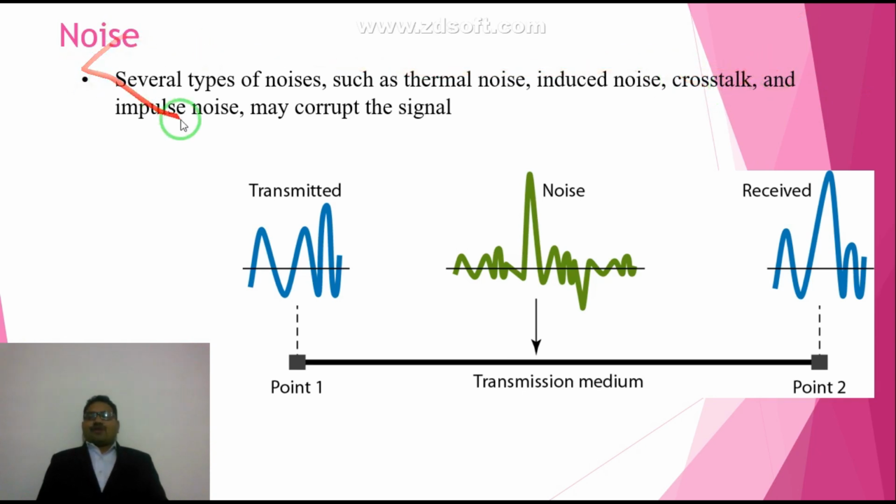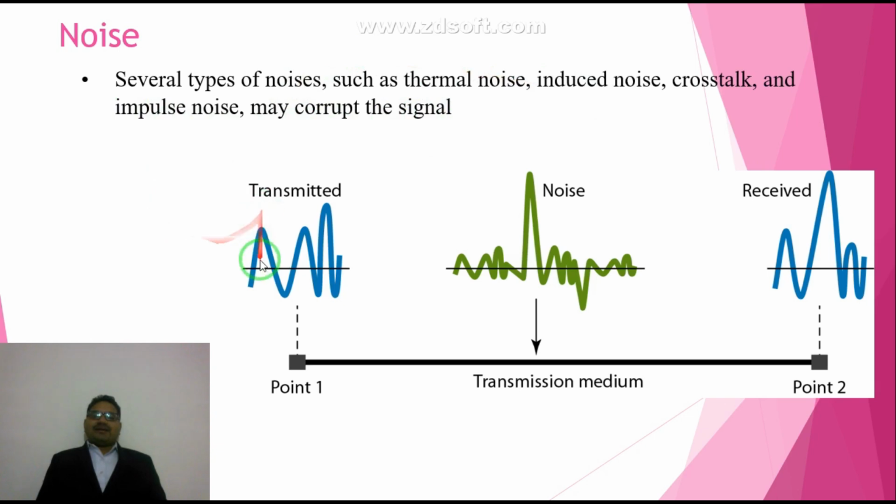And next, the last one is impulse noise. Impulse means spike, a spike at a particular instant, and after that instant, it gets normalized. This sudden spike may come due to lightning. All these are the sources of noise which corrupt the signal.